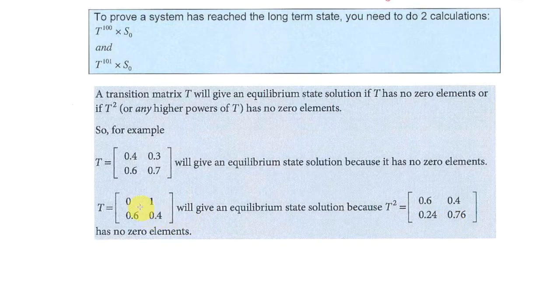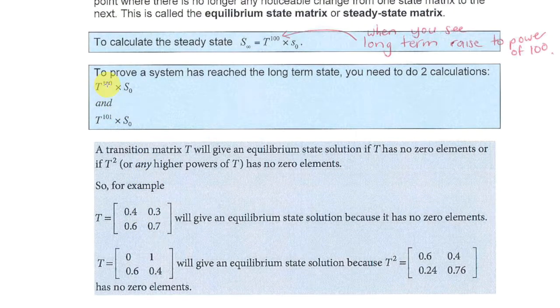But if you have a zero in the initial T matrix and then you square it and you still have a zero, then you are unable to obtain the steady state, and therefore it will not have a solution.